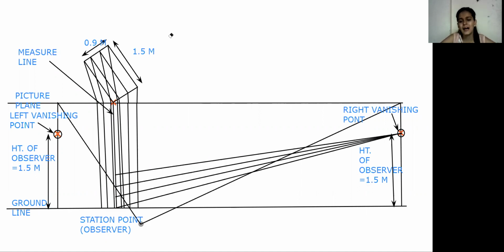So I am dividing the perspective view of steps into 3 parts, like a section. Okay, let me draw the section on the sides. How is the section? A tread, then a riser, again a tread, again riser, again tread, again riser, like this. This is our section.